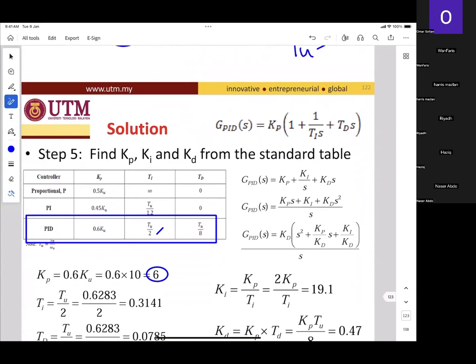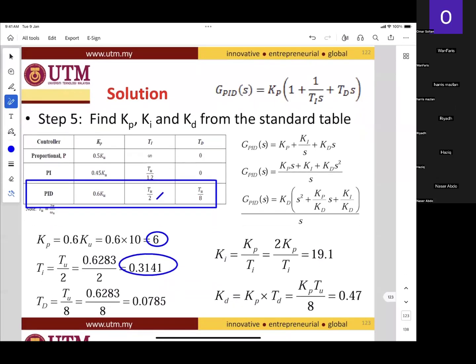Tu is 0.6283 divided by 2, 0.3141. Td is equal to Tu over 8. So Tu is 0.6283 divided by 8, 0.0785. So you already find Kp, Ti, and Td.